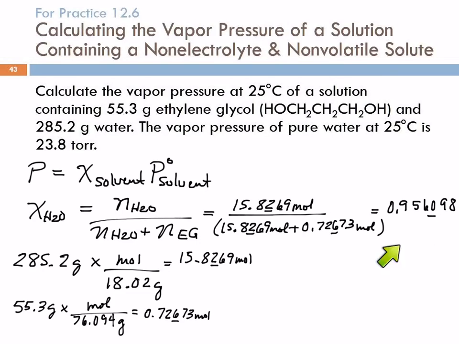So this mole fraction then comes up into Raoult's law, where it's the mole fraction of the solvent, that's what we calculated, times the vapor pressure of the pure solvent. Vapor pressure of the pure solvent is 23.8 torr.